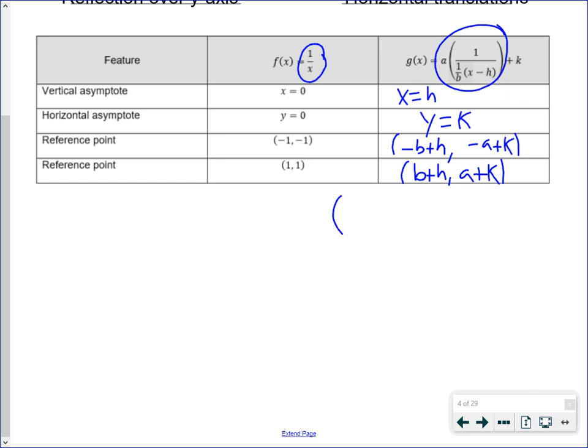I think it's a better use of your energy to memorize the complete transformation rule, b of x plus h, comma, a of y plus k, because you can plug in either of these two reference points and still get the same thing. So I think it's better to just memorize the complete transformation rule, b of x plus h, comma, a of y plus k, and you just plug your reference points into that and get the same exact thing.